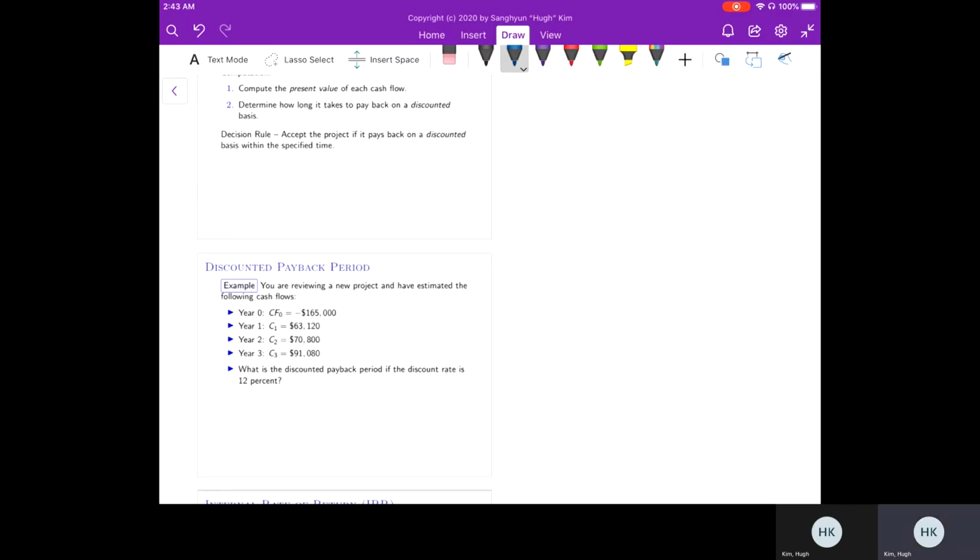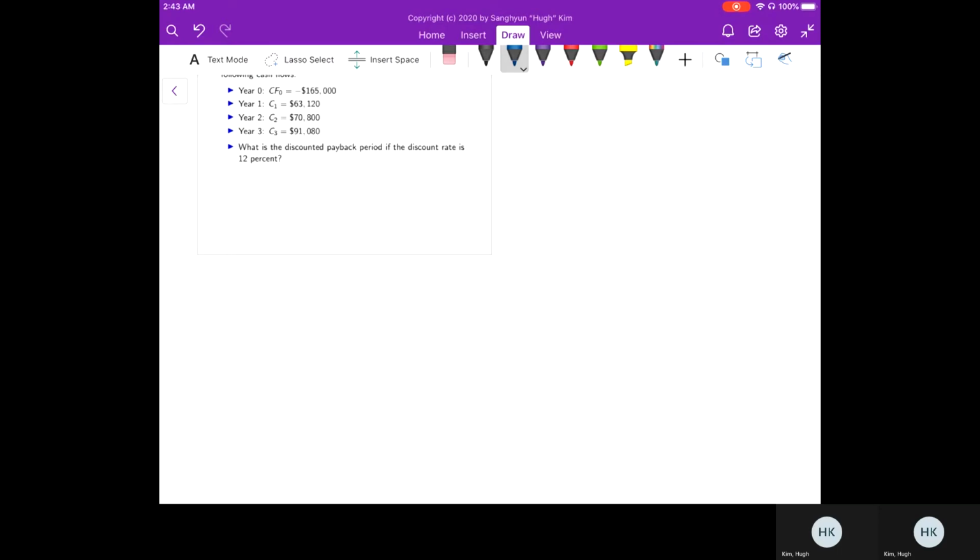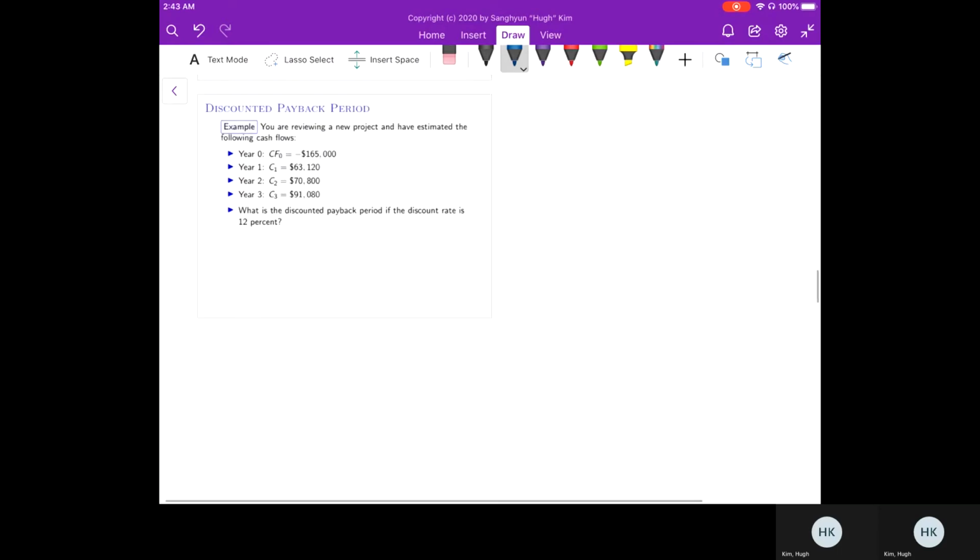So what is the discounted payback period if the discount rate is 12%? Given the cash flows, first we have to discount these cash flows at our discount rate. So let's do that first.